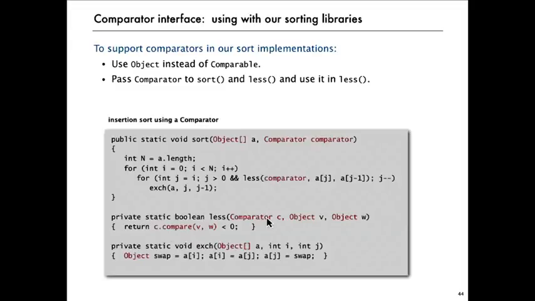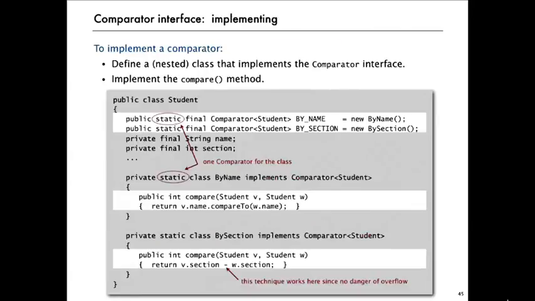This is a straightforward modification to our sorts. And then exchange, of course, rather than doing comparable, has to use object. So with these straightforward changes, add the comparator as argument to the sort and to less, and make our array to be sorted an array of objects. It's easy to convert any of our implementations to support comparators.